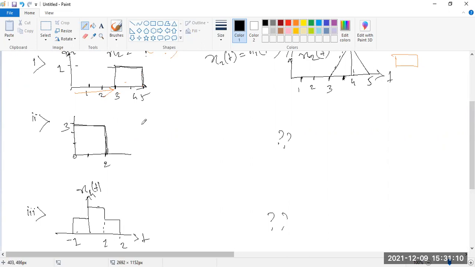Look, if this signal is 1 unit and I put this, there is a multiplication operation. And which type of multiplication? Just remember this: this is called amplitude multiplication.